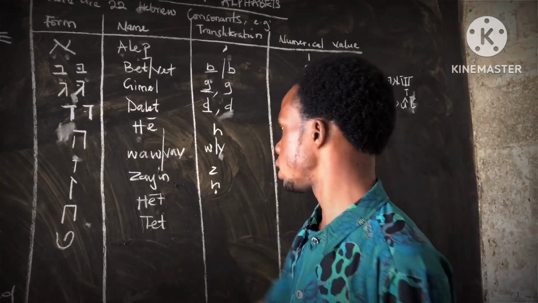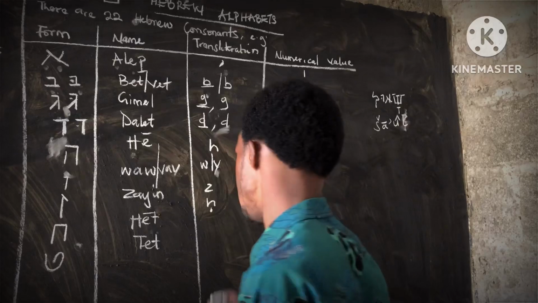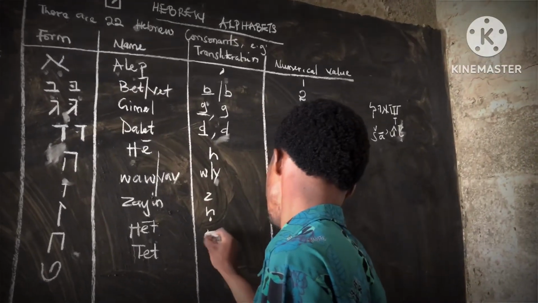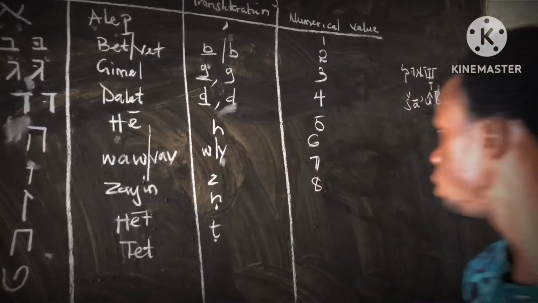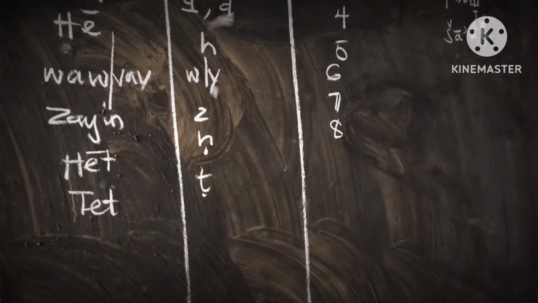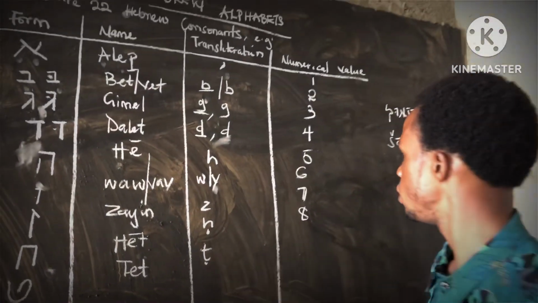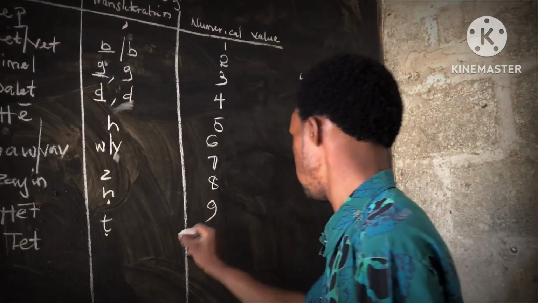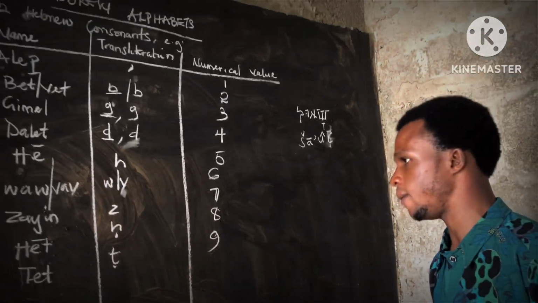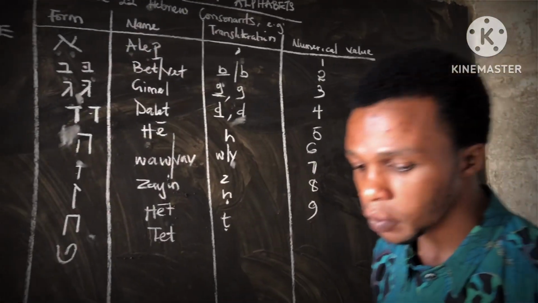So this is Tet, which simply represents a soft T. It is number 9.